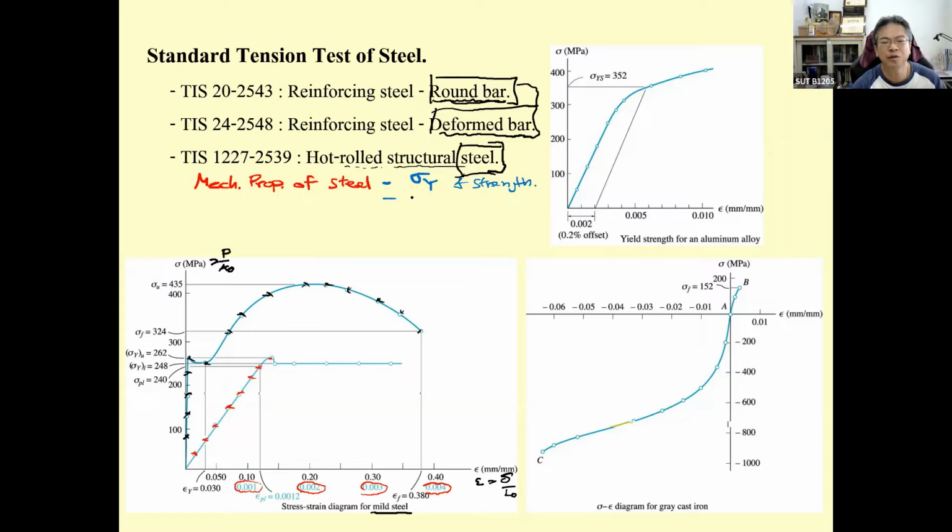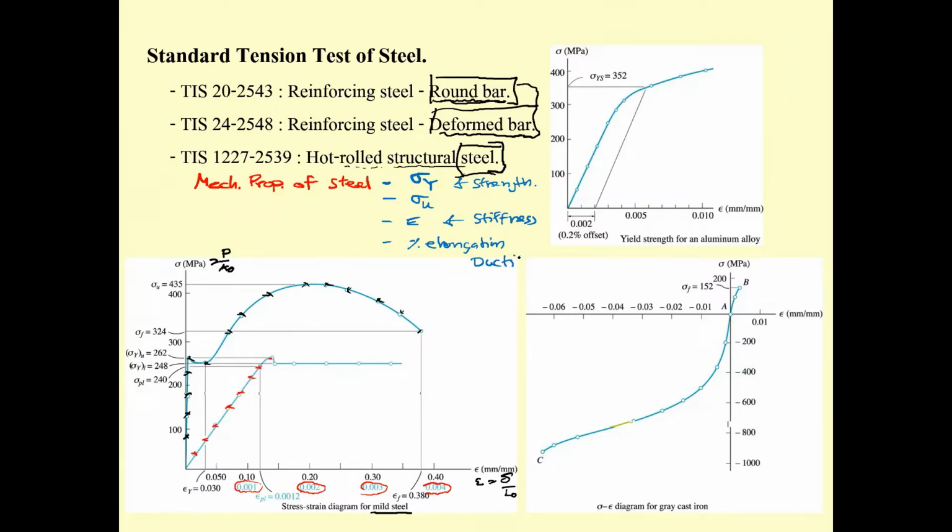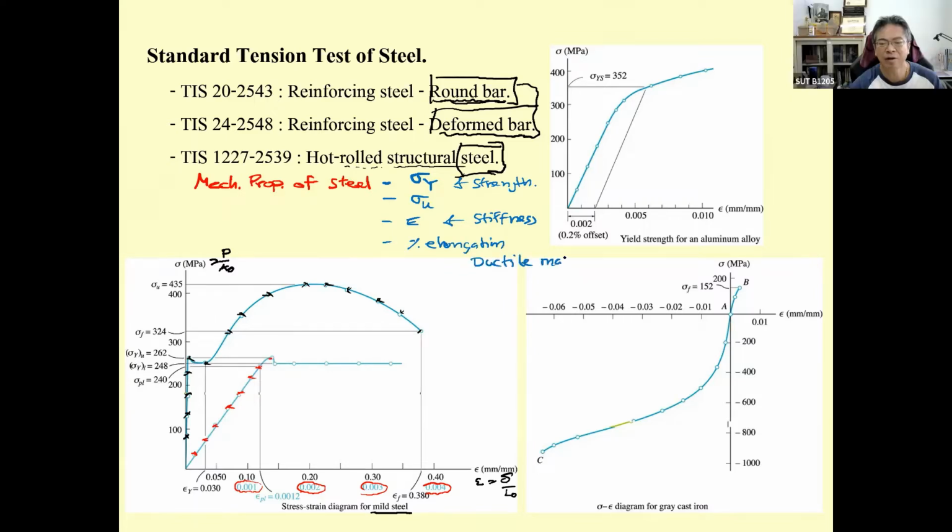You're going to determine the sigma sub u, that is going to be the ultimate stress. You have to determine the modulus of elasticity. This is going to determine the stiffness. And then you have to determine the percent elongation to prove it is going to be a ductile material, if you're going to use the steel.